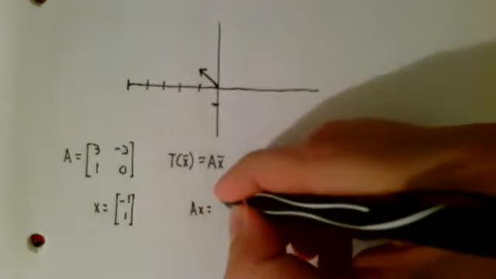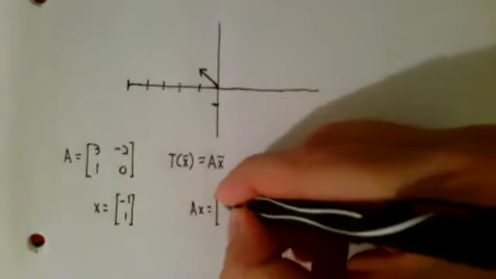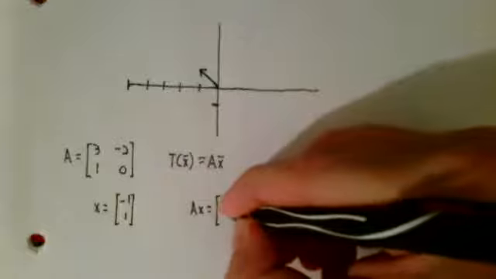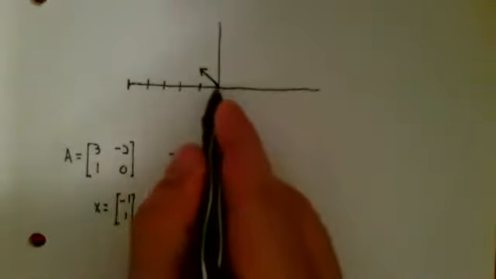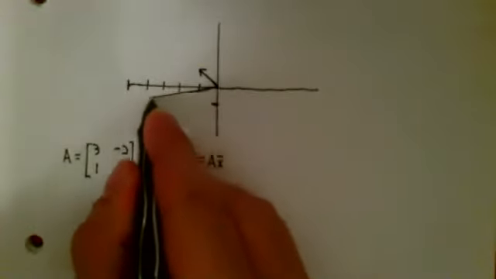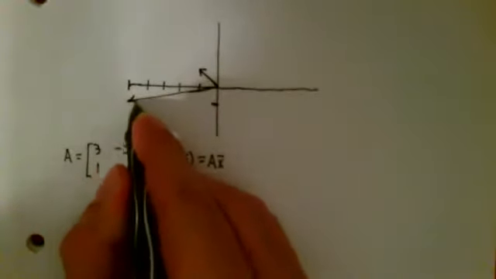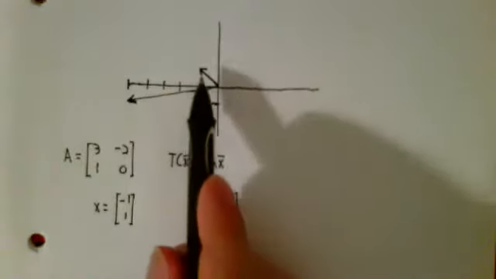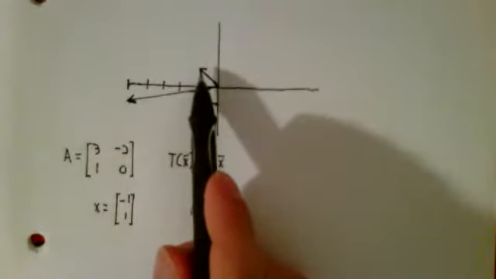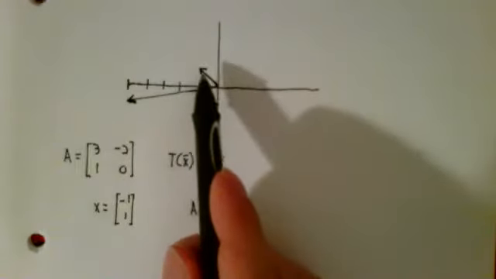A times x puts us over here. So this vector x has basically two properties.